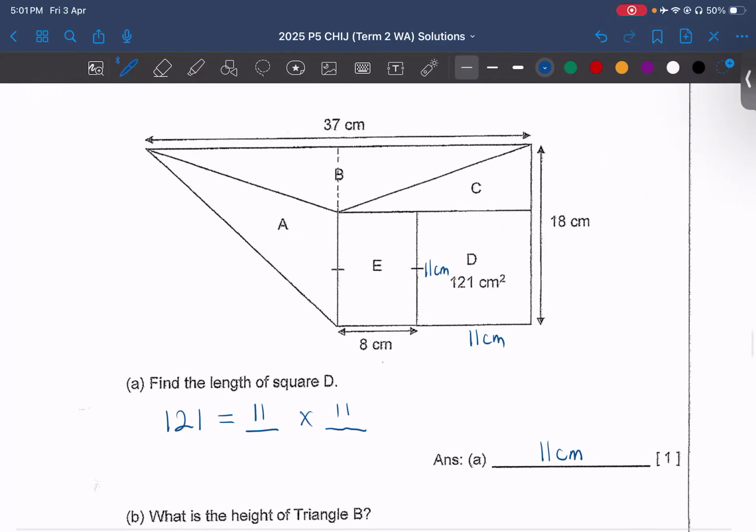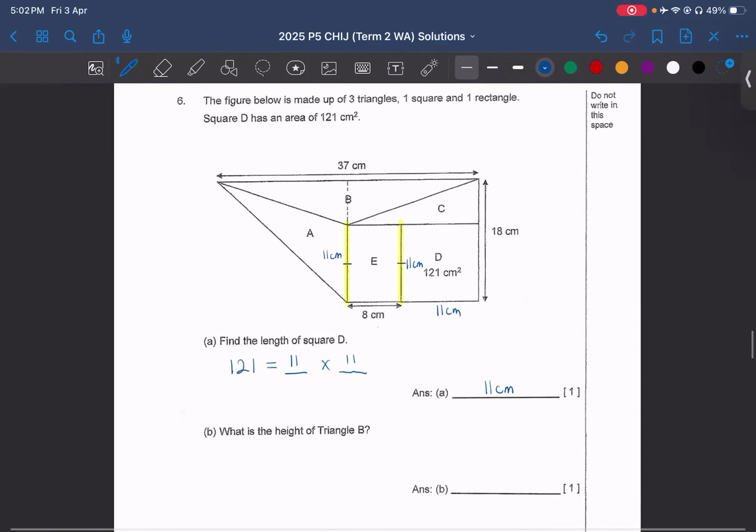Okay, and in this case, because we know this side of the square is the length of the rectangle as well, this side of the rectangle here is also 11 cm. Okay, I'm just going to fill that in first.